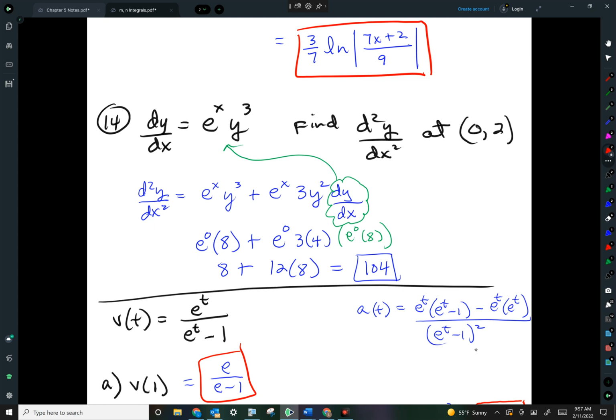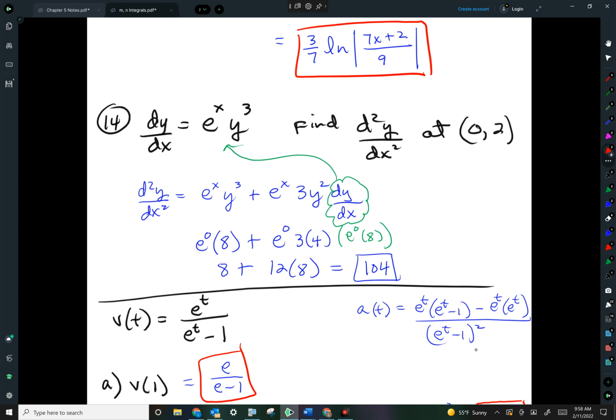Okay, there's 1. McKenna, you plugged in 1, and what do you have? Tell us what you had for your simplified derivative that you showed me.